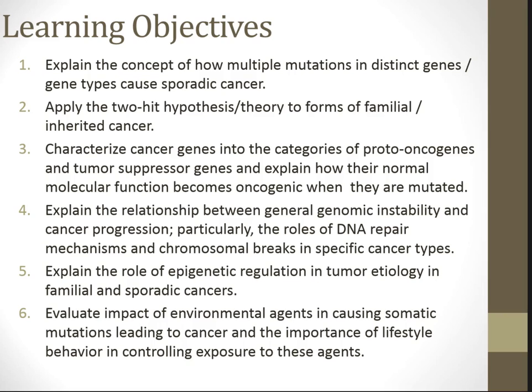We'll also characterize cancer genes into the categories of proto-oncogenes and tumor suppressor genes, as well as discuss the role of DNA repair mechanisms and the general characteristic of genome instability in cancer. Lastly, we will investigate other causes of tumor etiology, including epigenetic regulation and the impact of environmental agents.